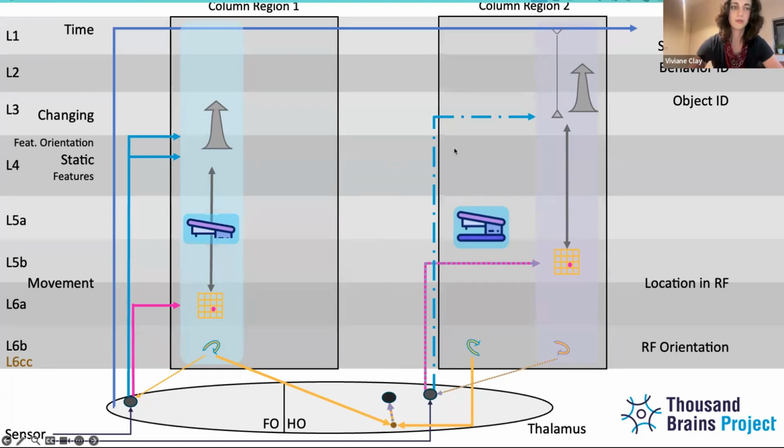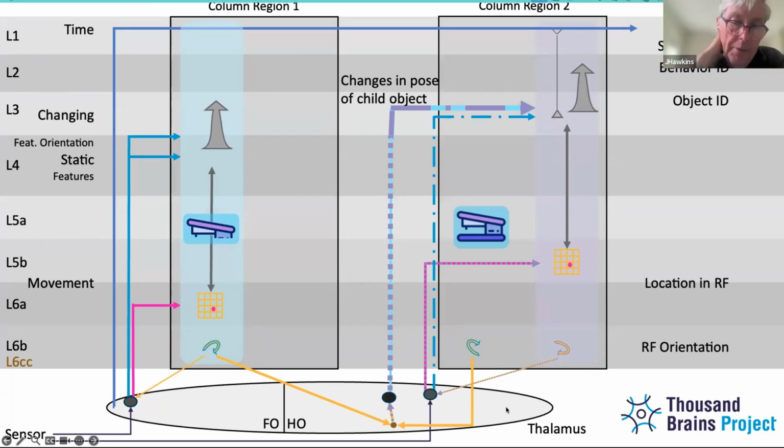But if we have a moving object, that can actually be changing. So suddenly this relative orientation is changing. So now this will become the input to the behavior model. What becomes the input to the behavior model? The change in pose of the child object relative to the parent.